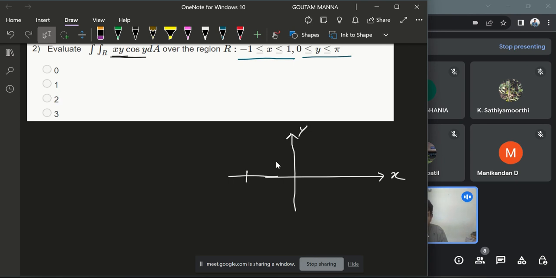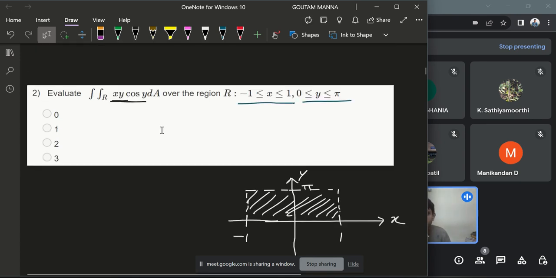In this region, we are asked to integrate this quantity xy cos y.